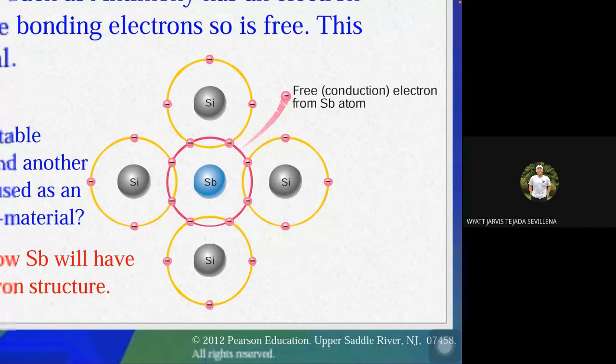Because antimony has 5 valence electrons, there is one unbonded electron for every antimony atom, right? Do you get the one extra? Yes, sir. Okay, so I hope that speaks for all of you.